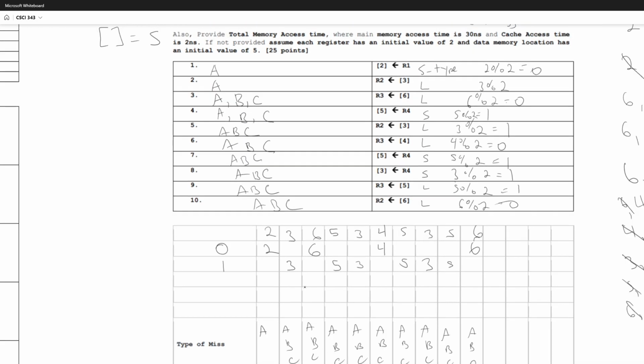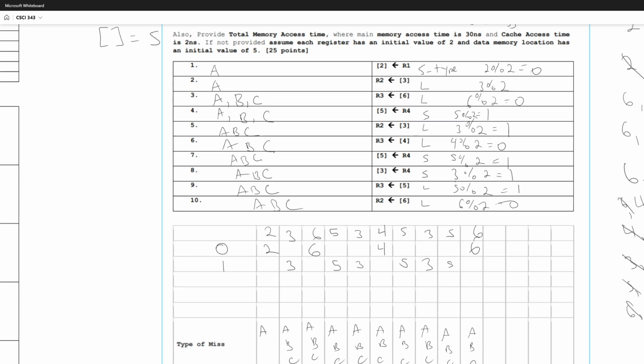Total data memory access time. Okay, so for every write miss, there's also an allocation, which is a read, which is another time you have to access data. So every time there's a write miss, it's actually twice. So there's a miss every time. So once, twice, 3, 4. So it's 4 times. What's the formula?